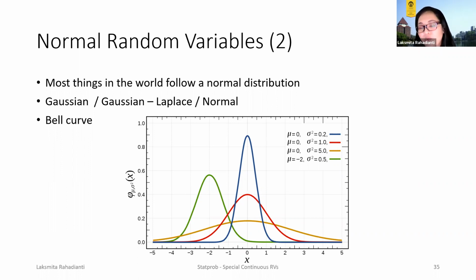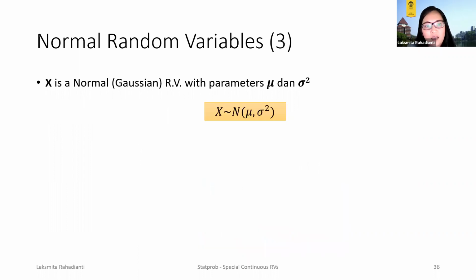Just as what we've learned about this distribution, I believe it was in maybe the first week of courses when we looked at normal distributions, we know that x is a normal or Gaussian random variable with parameters mean and standard deviation. We can then also denote it mathematically as x follows a normal distribution with parameters mean and standard deviation.